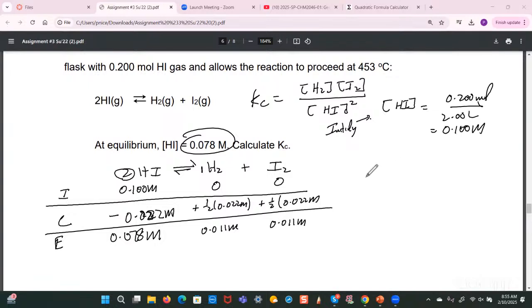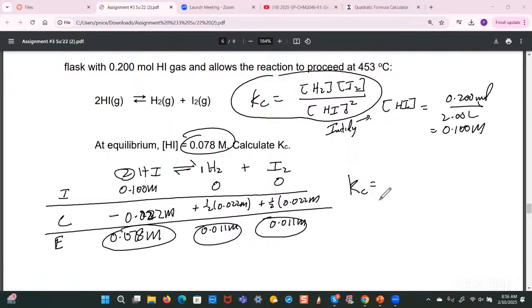Now we can find out what the Kc is because we have the equilibrium concentrations of all the components in the system. So this is the equation that we're going to use. Kc will be equal to 0.011, where we don't need the M because we don't care about units when calculating Kc, 0.011 squared divided by 0.078.